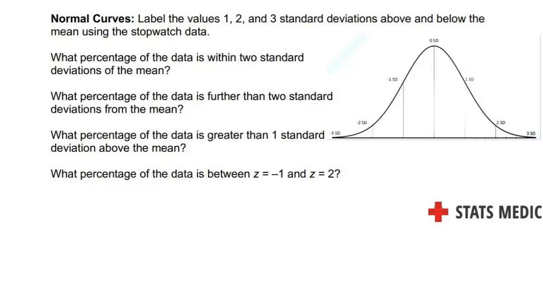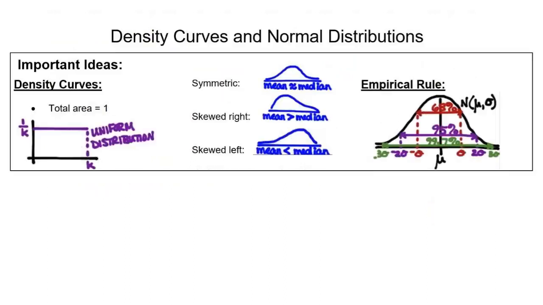So a couple big ideas coming out of today. We're going to talk about the normal curves in just a minute, but I asked you guys to look at this here. Density curves. My uniform distribution is going to kind of look like a rectangle. Down here, it's going to go out to whatever our value for k is. Up the y-axis, it's going to go up to whatever 1 over k is.